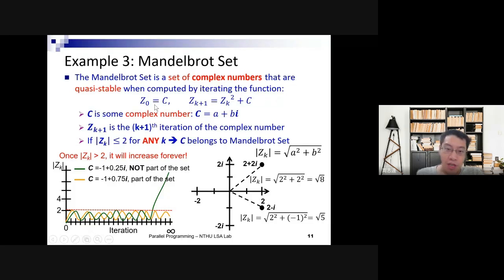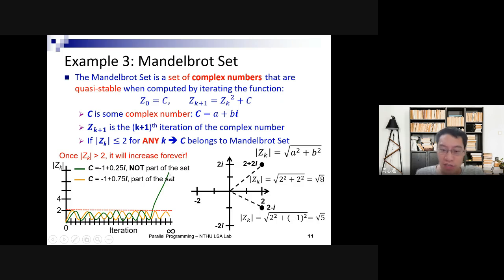And the interesting point for the Mandelbrot set is, I don't know why, and it probably could be proved, but in any way, the result is that if the distance of zk is over 2 at some point, then it will just diverge. It will just keep going up.